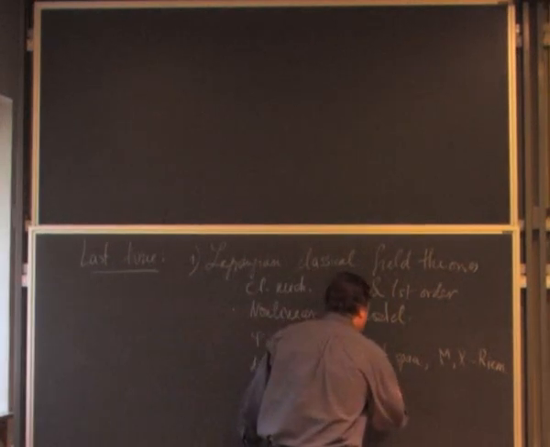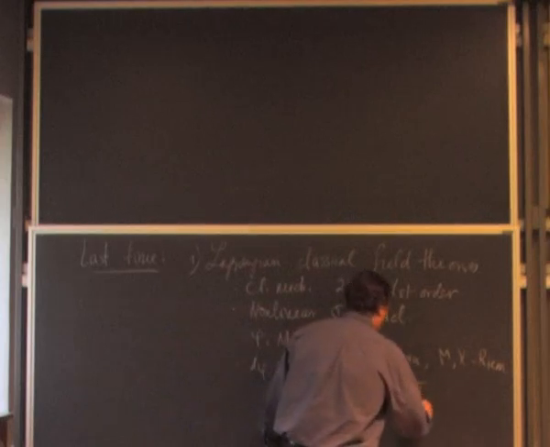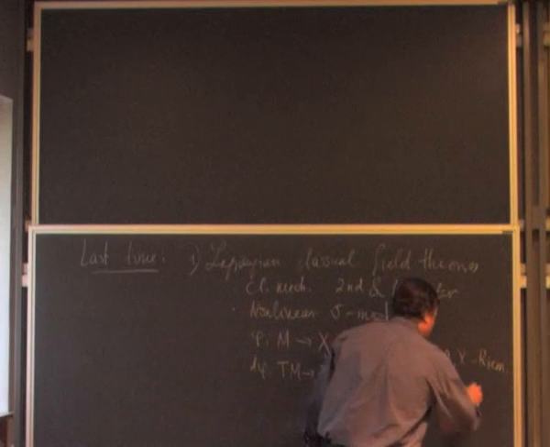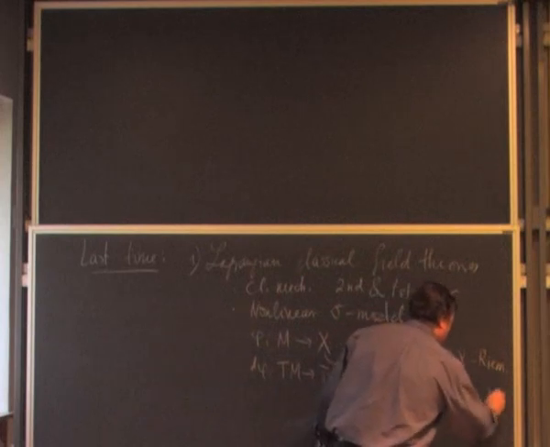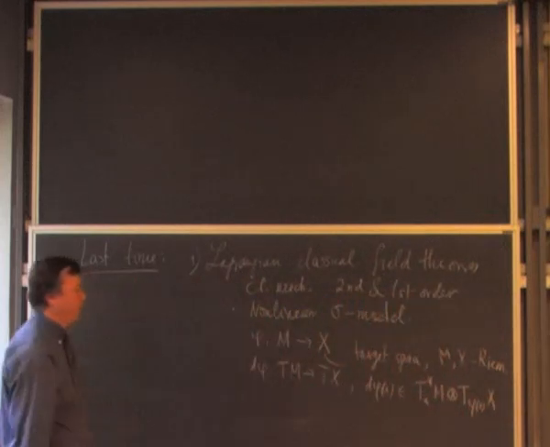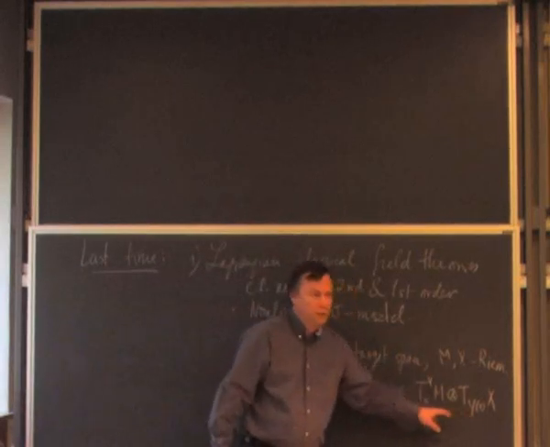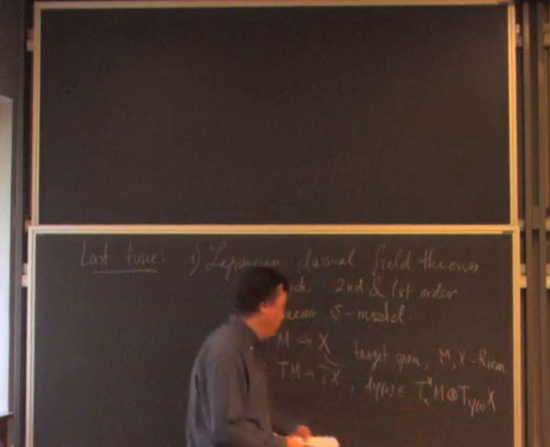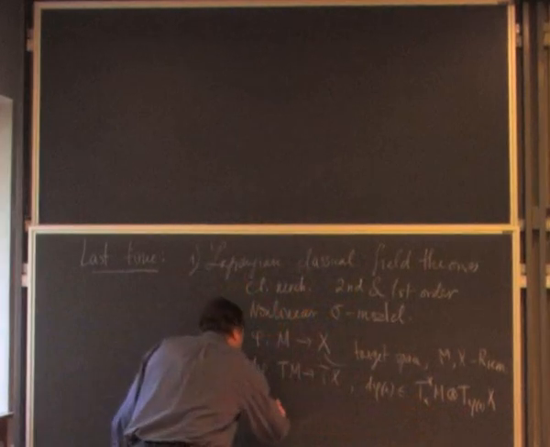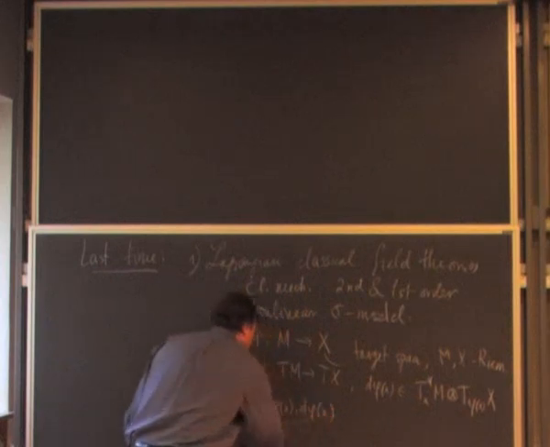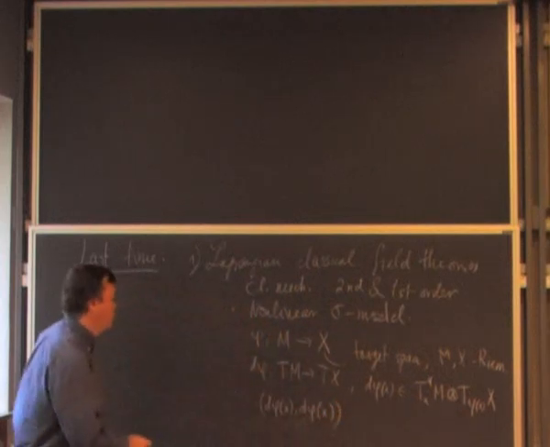So dφ at x can be considered as an element of T_x^* M tensor T_φ(x) X. And because they are both Riemannian, on this vector space there is a natural scalar product. So this is exactly the kinetic term of the nonlinear sigma model.